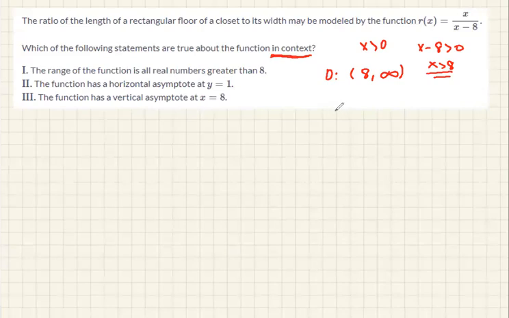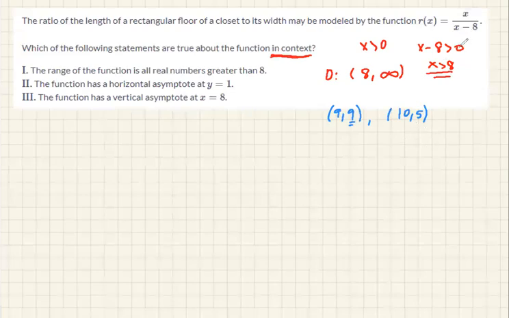But if you choose x equals 9, you will get 9 divided by 1, which is 9. So your y value could be 9. But if I choose 10, 10 over 2 is 5. So your y values are getting smaller and smaller. But how small, we have to check.